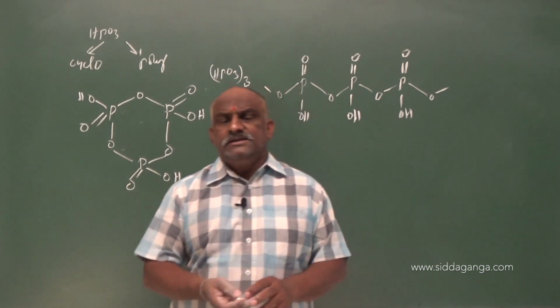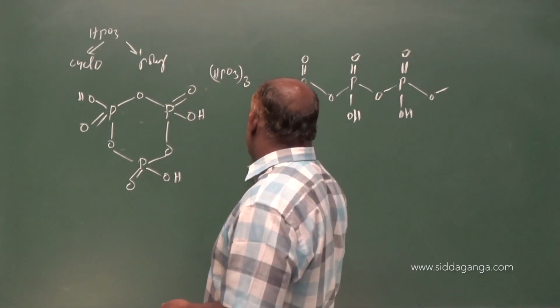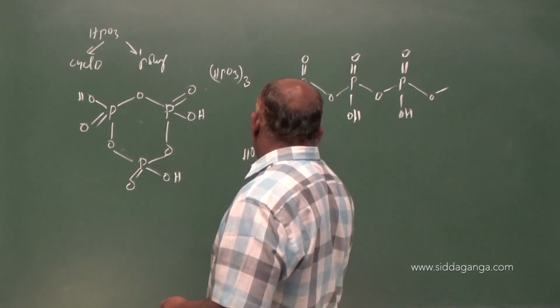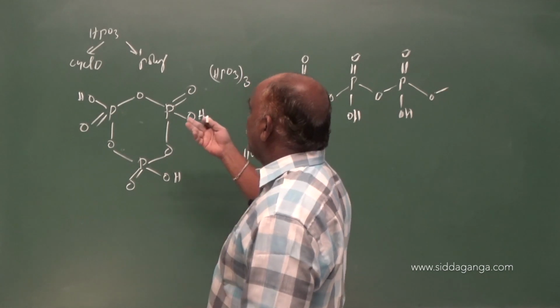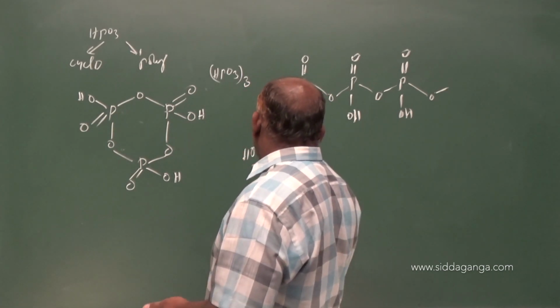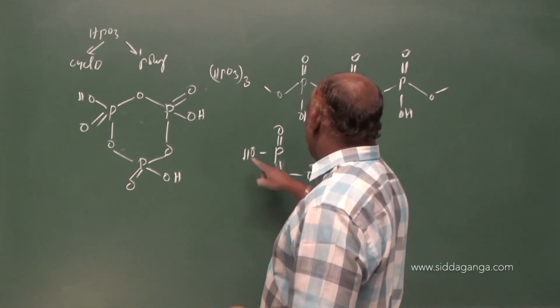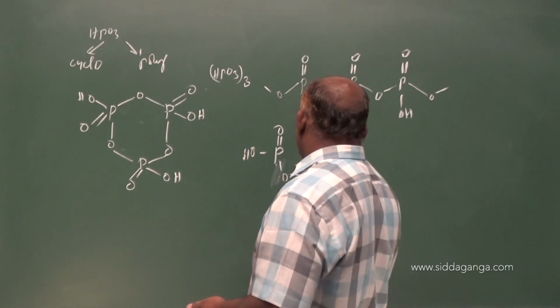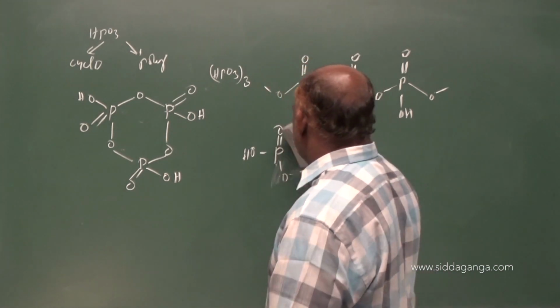So metaphosphoric acid is available like this, and the general structure we write like this: P double bond O, then 3 oxygens will be there. 2 P=O bonds are not possible, so we write H, 1, 2, 3. So only one P=O bond is there. Due to that it does not exist in monomeric form.